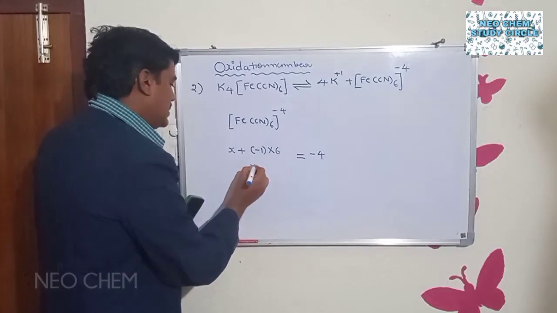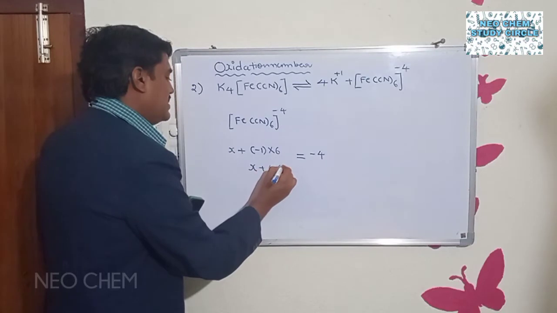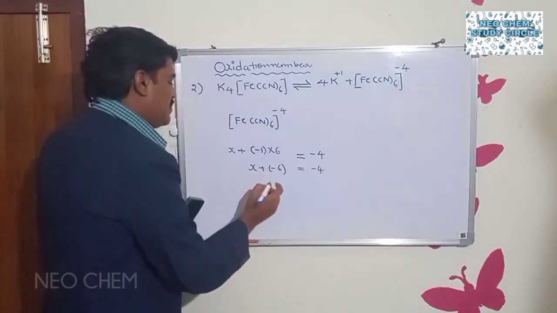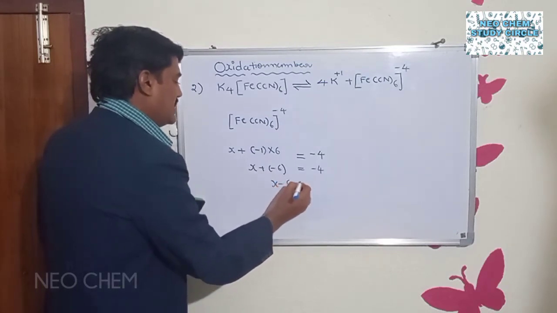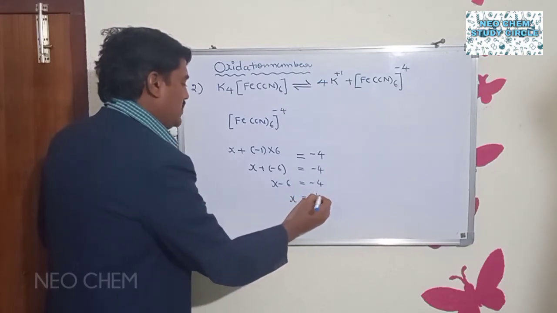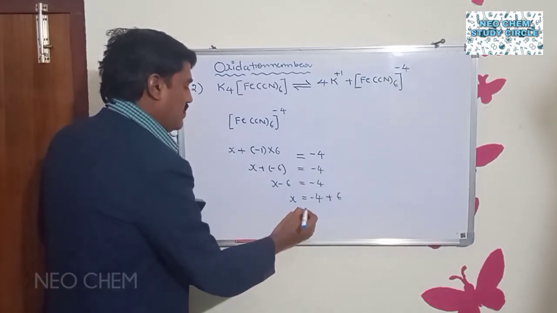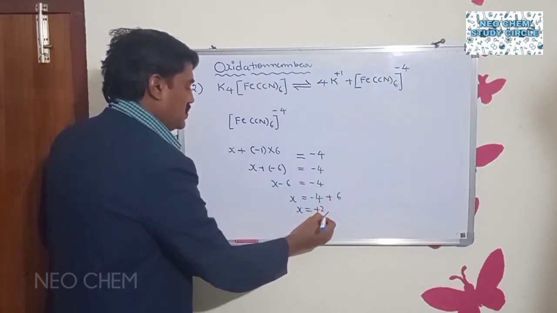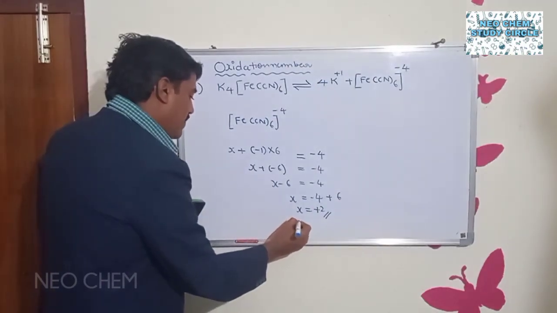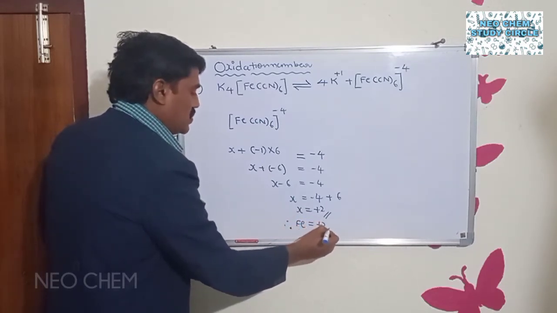So X minus 1 into 6, minus 6, is equal to minus 4. So X is equal to minus 4 plus 6. So X is equal to how much? Plus 2. Therefore, the oxidation number of iron in the given complex compound is equal to plus 2.